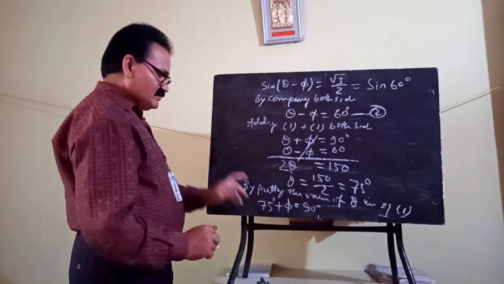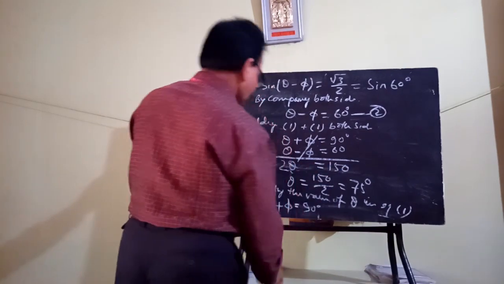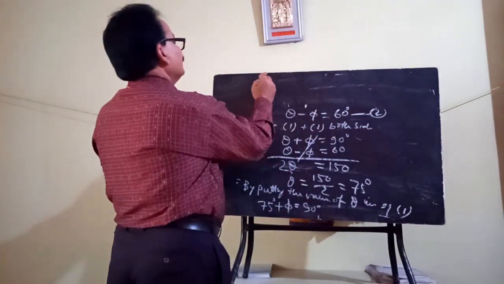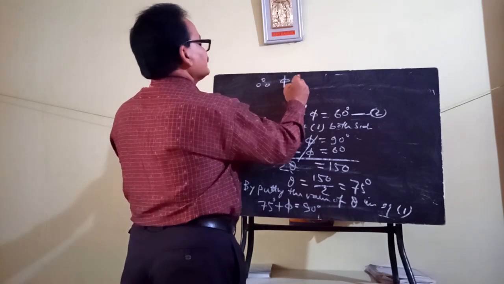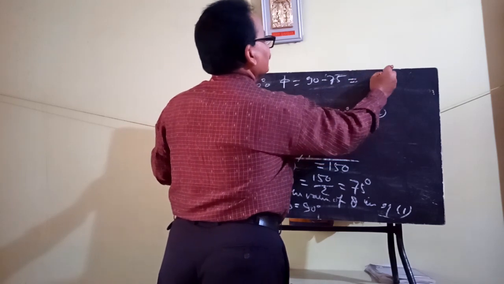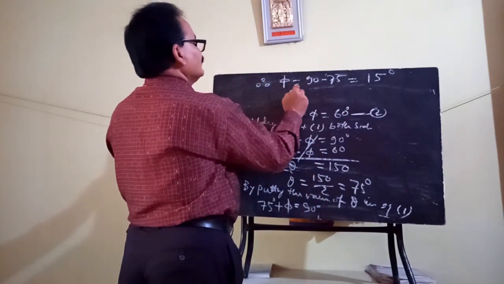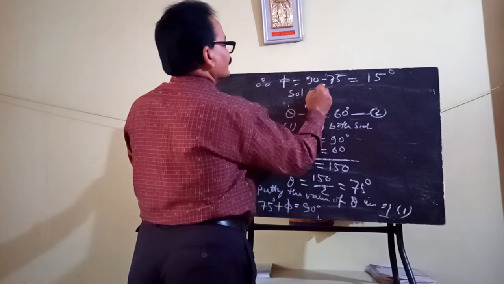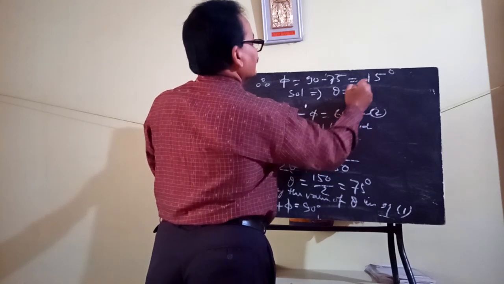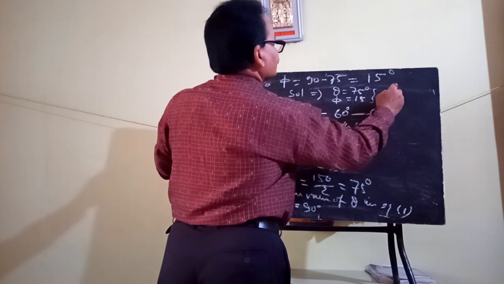So that means phi must be equal to 90 minus 75, that is 15 degree. So now you write the solution. Answer, that is theta is 75 degree and phi is 15 degree. So this part is your answer.